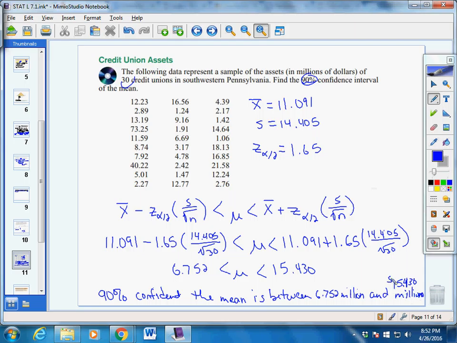So we can be 90% confident that our mean is going to fall between those two numbers.